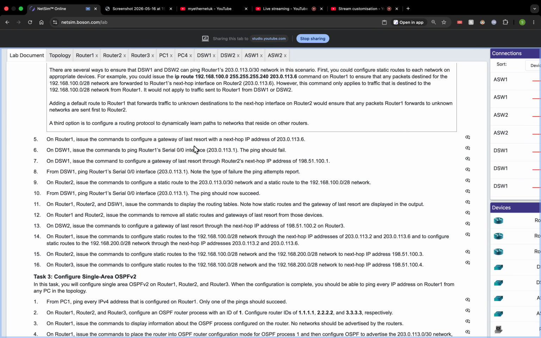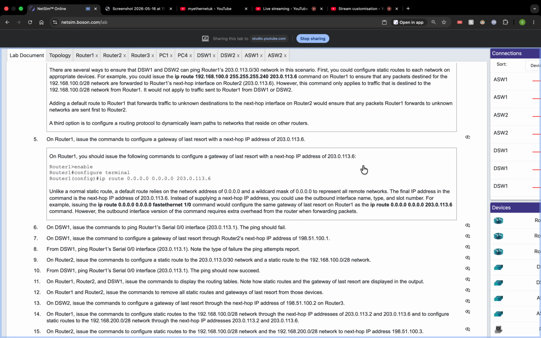Okay, so on router 1, issue the commands to configure the gateway of last resort with the next hop address of 203.0.113.6. So what we could do is basically say you don't have a route to this network, use this next hop address.